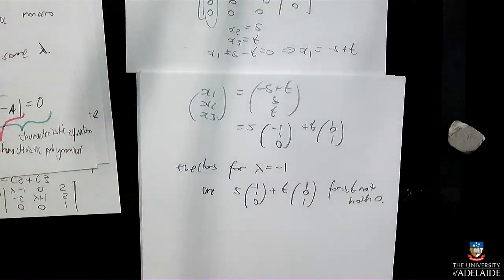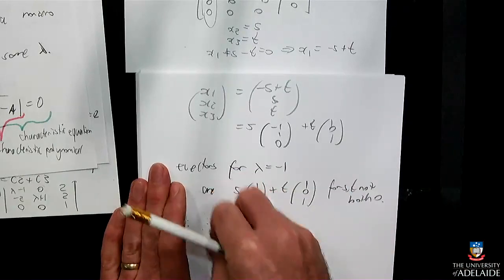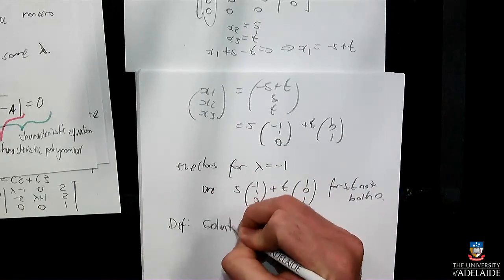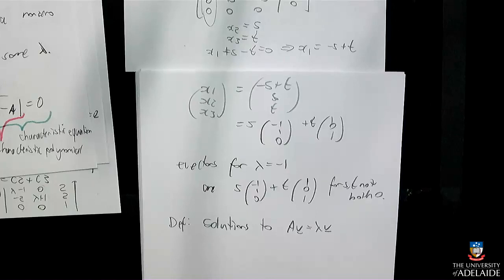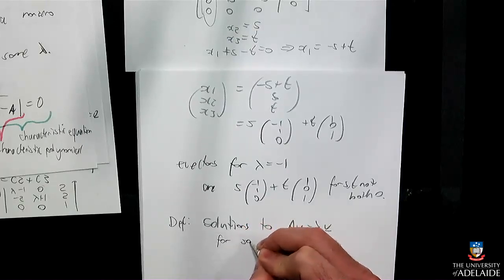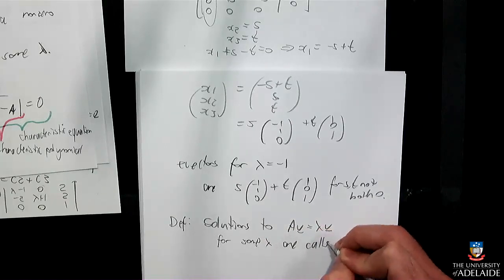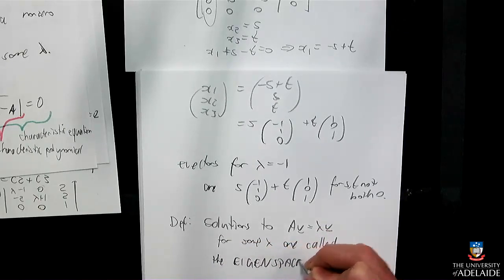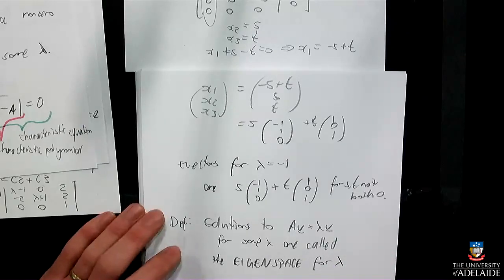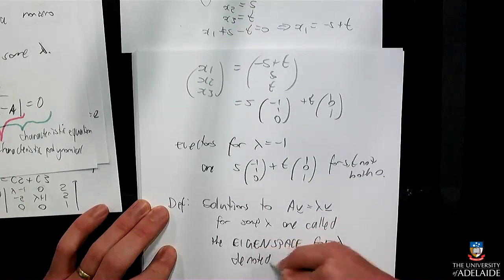So just as an aside, the definition: the solutions to Av equals lambda v for some lambda are called the eigenspace for lambda that belongs to this matrix, and denoted E lambda.